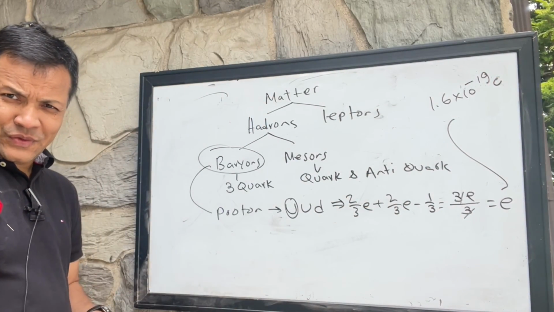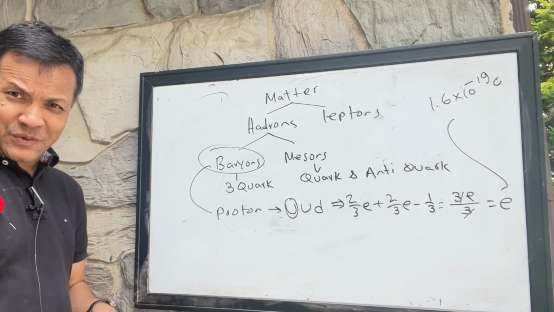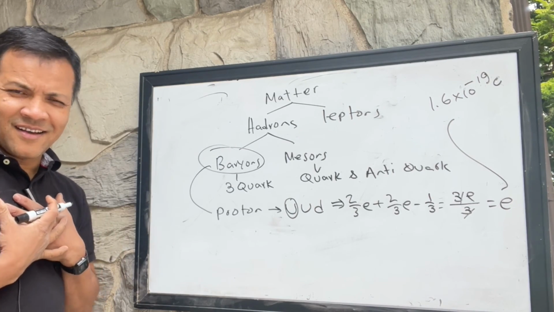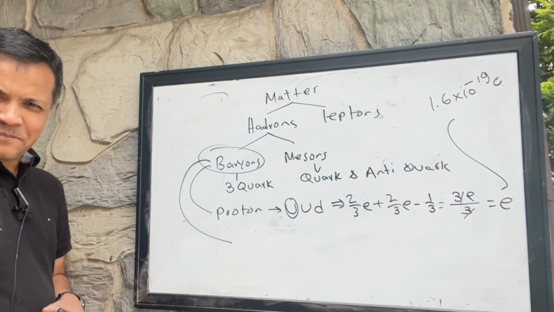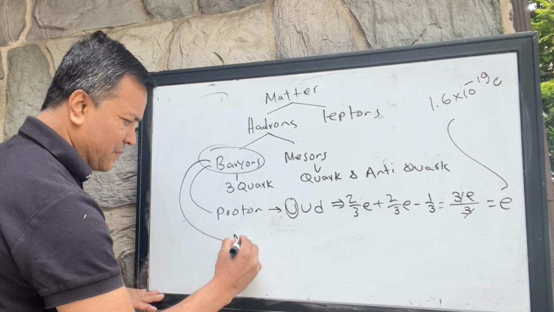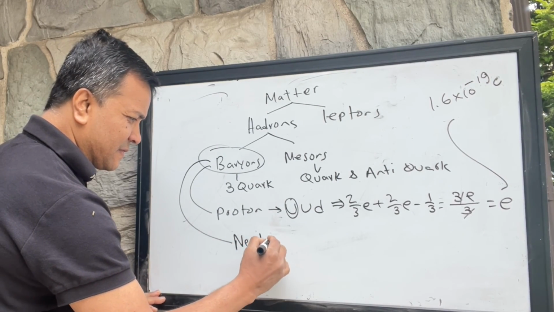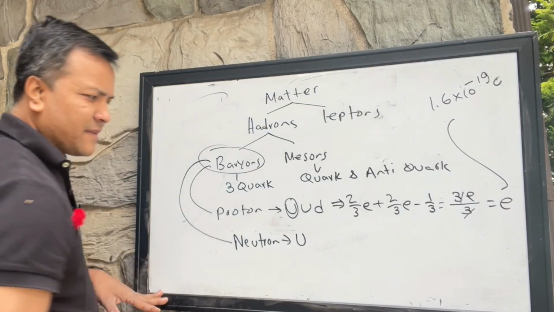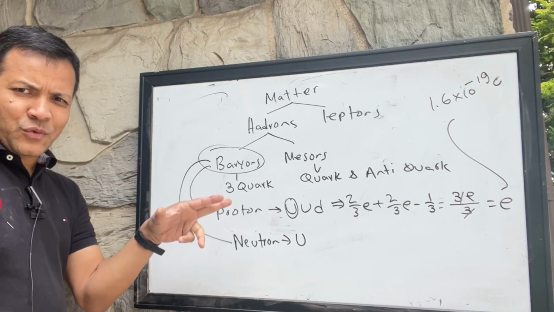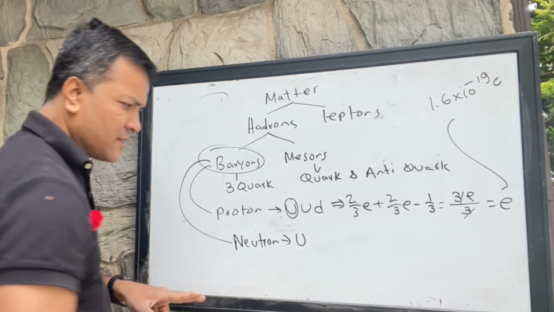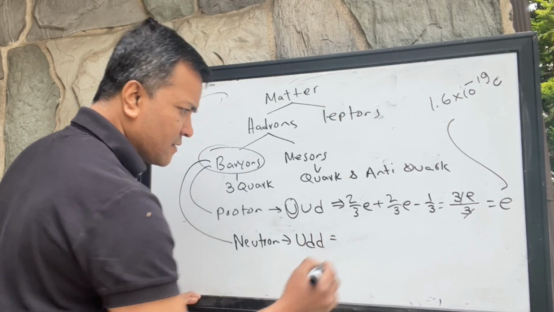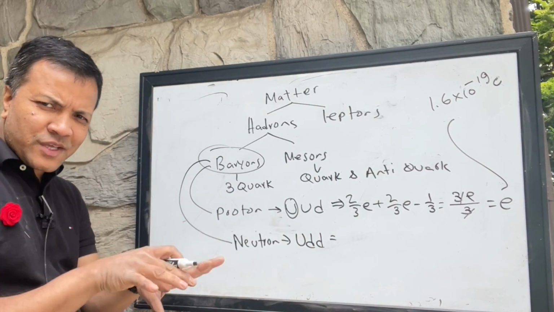Now neutron, who is the granddaddy of neutron? Of course me, Barry. Okay, neutron is also made of 3 quarks. Up, down, down. Up is 2/3.